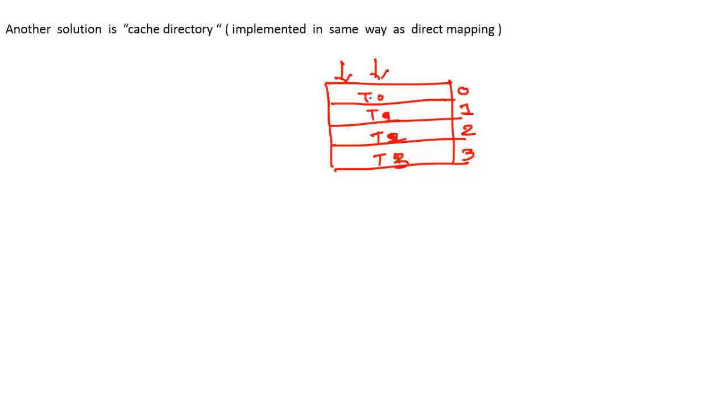The number of bits we use for the tag was less in direct mapping, and is more in associative mapping. So the cache directory would be large in case of associative mapping. The memory word would be large. Otherwise, there is no remarkable difference between associative mapping and direct mapping.